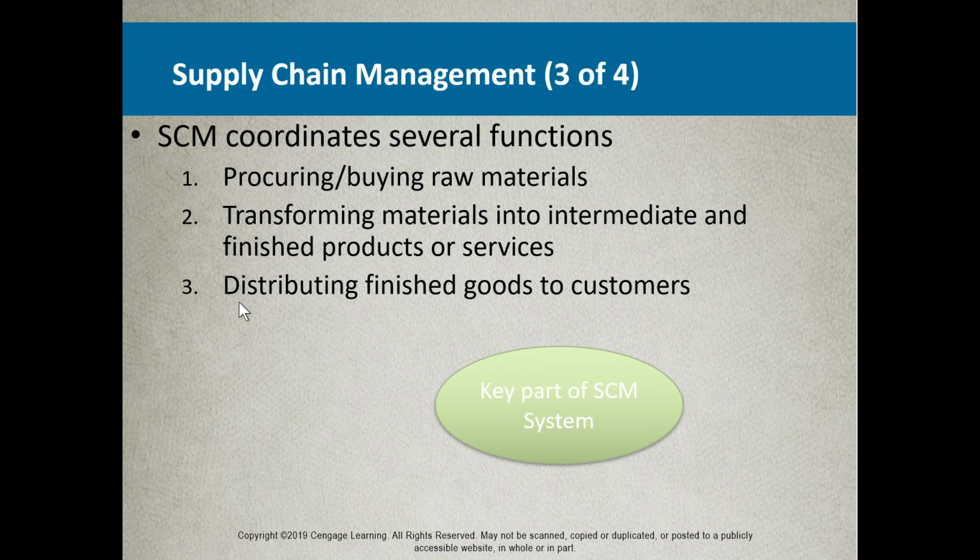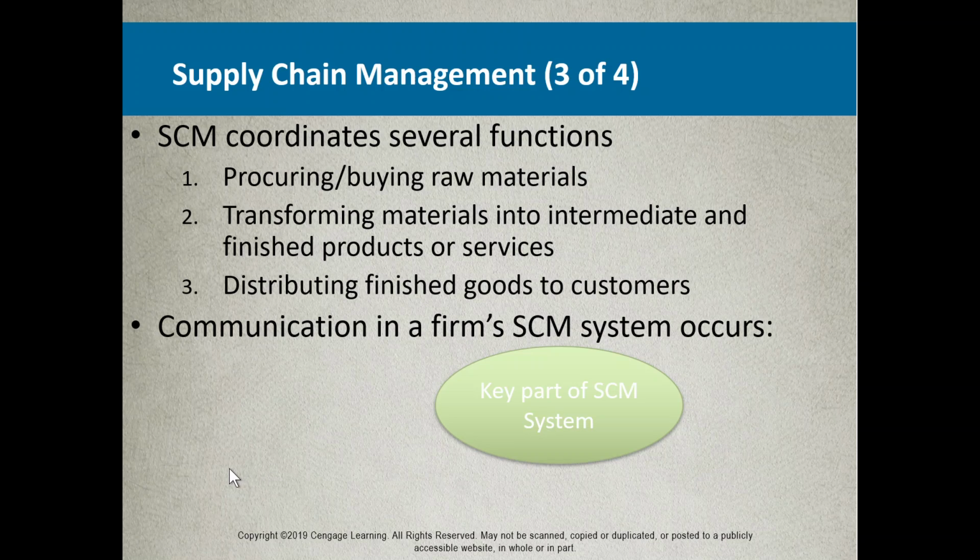So the third main feature or function that SCM coordinates is the distribution of the finished goods to the customer. So shipping it from the store to the customer, and then of course following up with customer support afterwards.